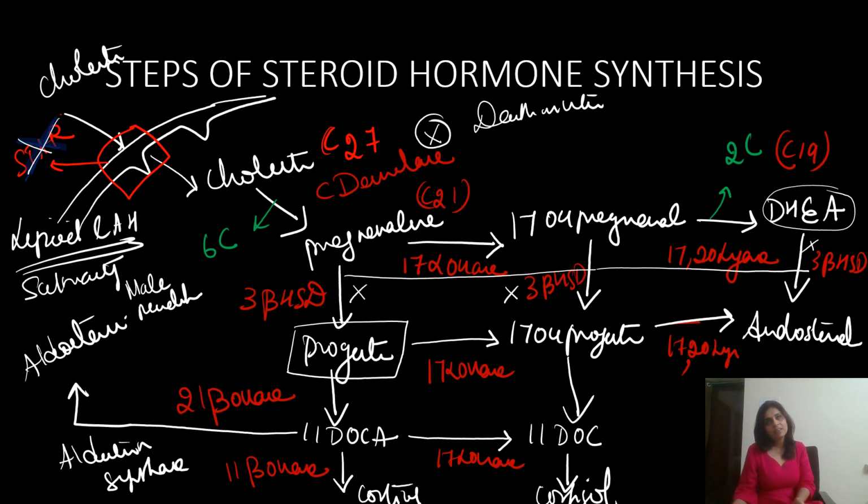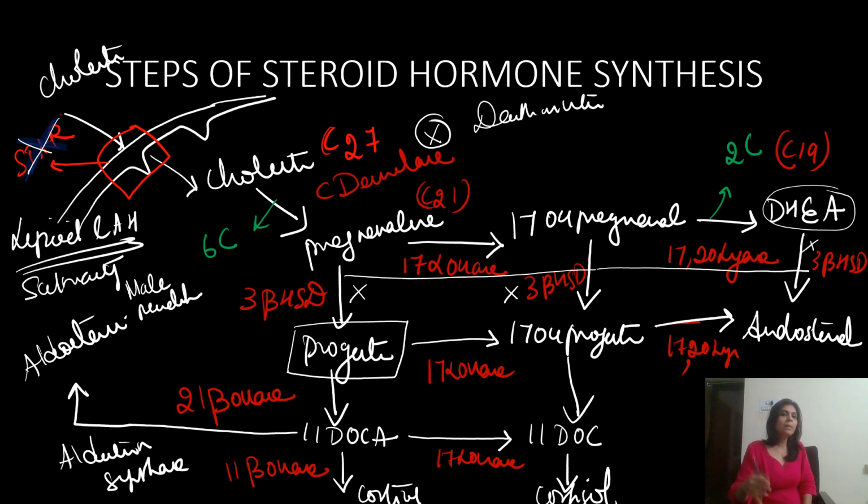A male fetus wants dihydrotestosterone to form proper male type of external genitalia. Even testosterone is not sufficient. Male fetuses need dihydrotestosterone for male type of external genitalia to get established. And in this condition, a precursor much before testosterone is not getting synthesized. So no testosterone, no dihydrotestosterone.